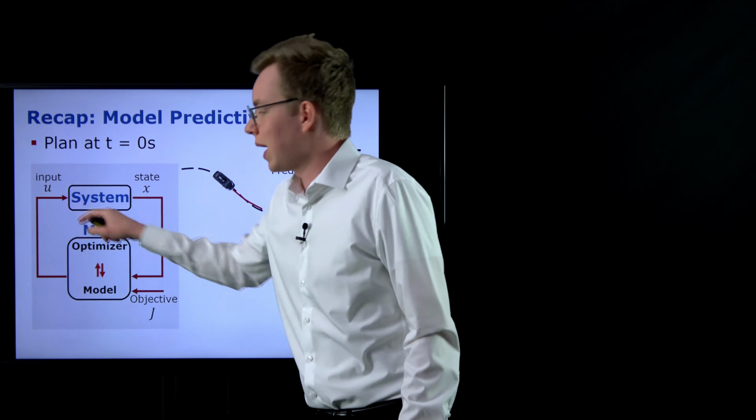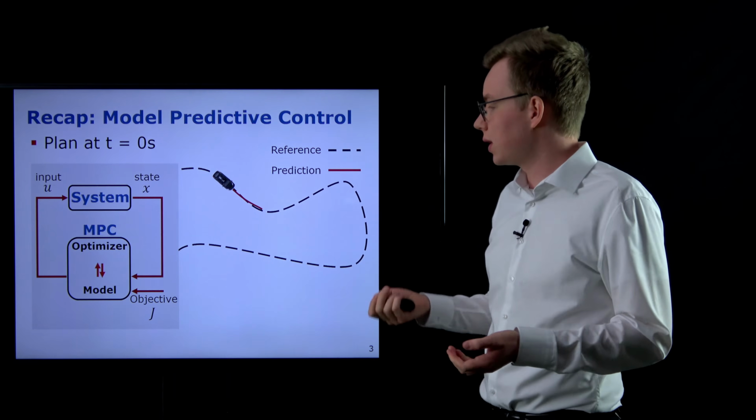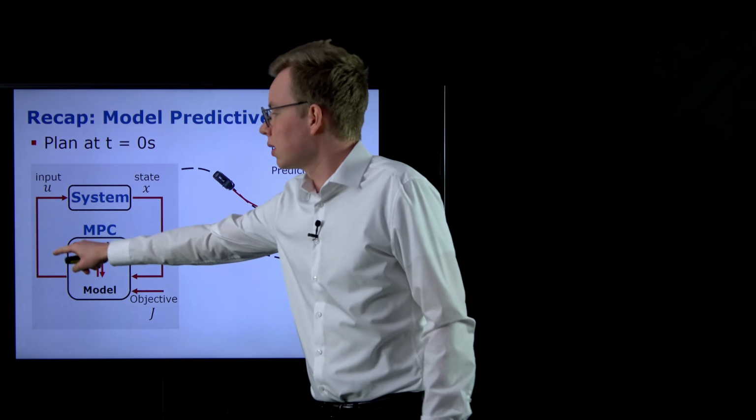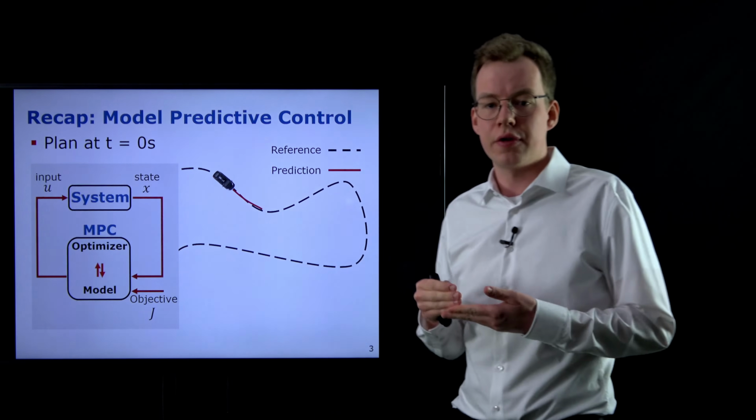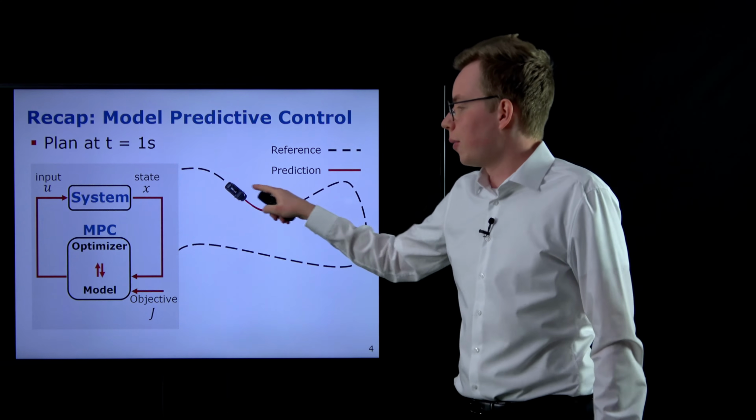Then we have a plan for, say, a couple of time steps into the future, maybe 20 or 50, but we will only apply the very first of those inputs. And then from there we start again.